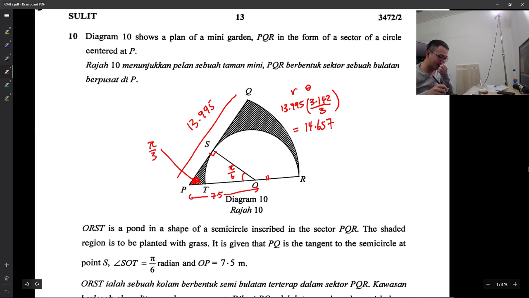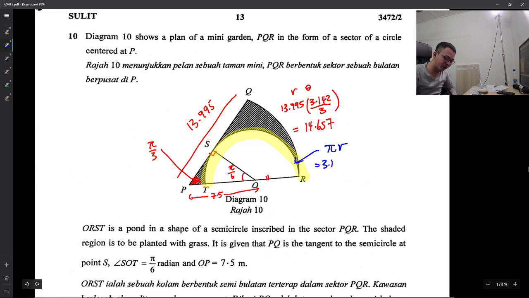Alright, then the next thing I want to find is, I have this whole length, I want to find the arc length of the semicircle. We know the formula for circumference is 2 pi r, right? So for the semicircle, it is just half of 2 pi r, which is pi r.